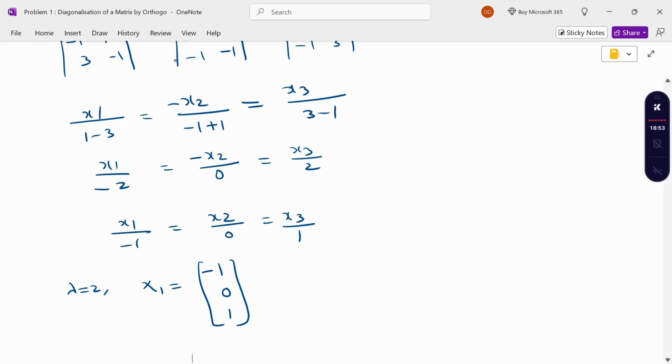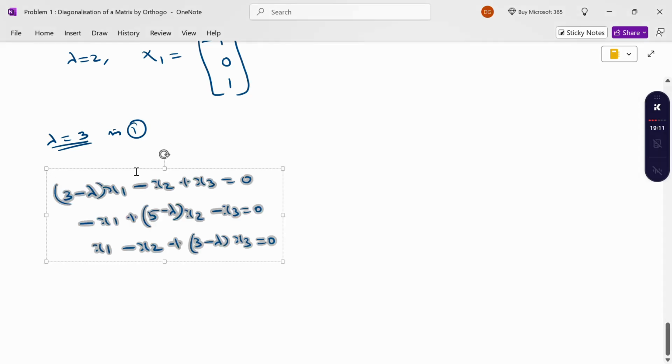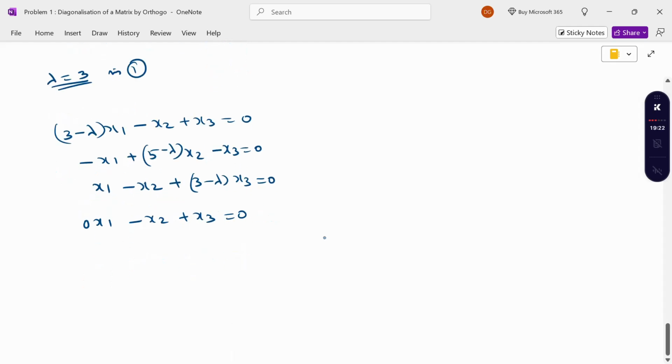And then the second eigenvector, for lambda 3. You can find them in any order. Now I'm taking here lambda 3. This is the second eigenvalue. Substitute it in equation 1. So we have three linear equations. In these linear equations, substituting 3: 0 x1 minus x2 plus x3 equals 0, then minus x1 plus, when I substitute here, 2x2 minus x3 equals 0, then x1 minus x2 plus 0 x3 equals 0.